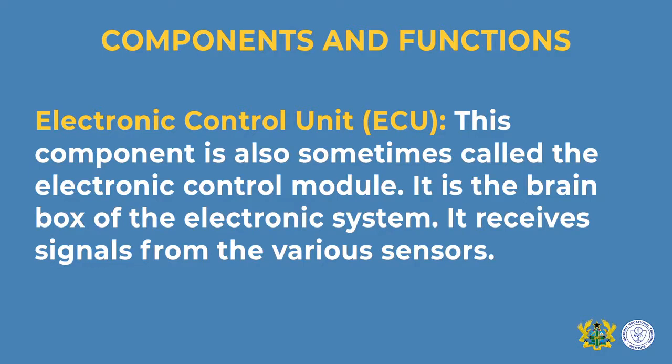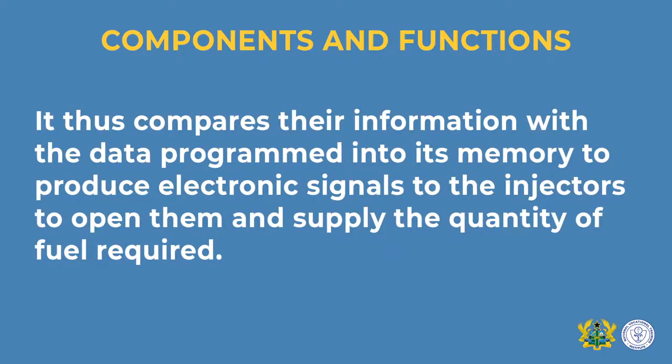It uses microchips, and it is programmed so that it receives signals from the input sensors and translates those signals into electrical information and therefore instructs the injectors on the amount of fuel that is needed according to the information that it has received. That is the ECU.